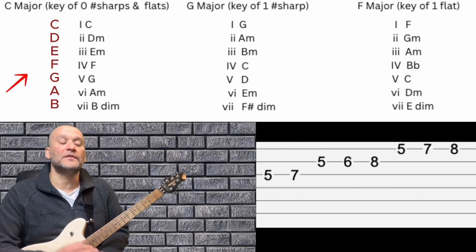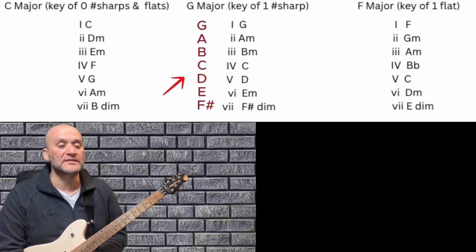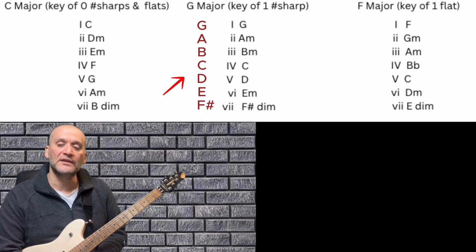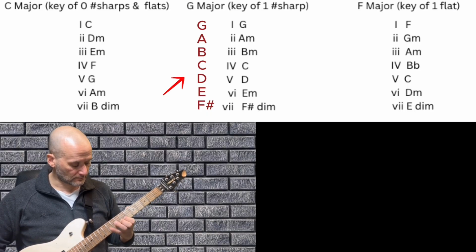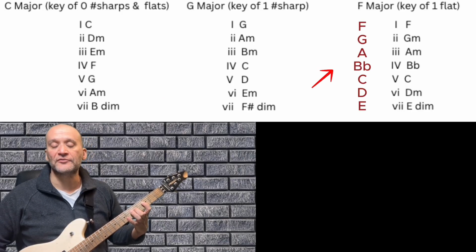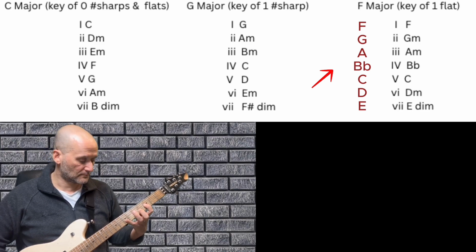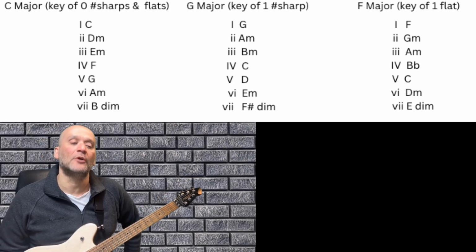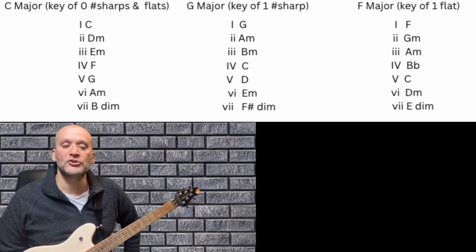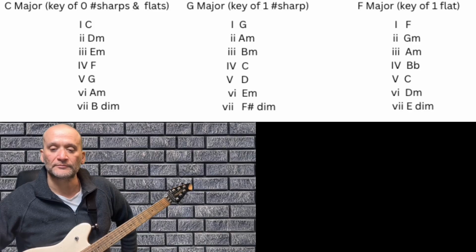Okay, if you look at the key of G major, you can see that the notes are G, A, B, C, D, E, F sharp. Okay, and then in F, it's F, G, A, B flat, C, D, E. Okay, so those are the 3 major scales above: the key of C, the key of G, and the key of F.